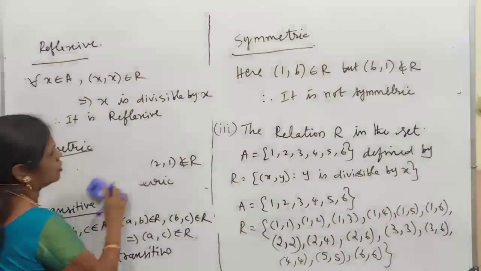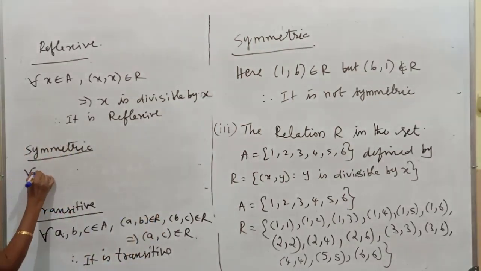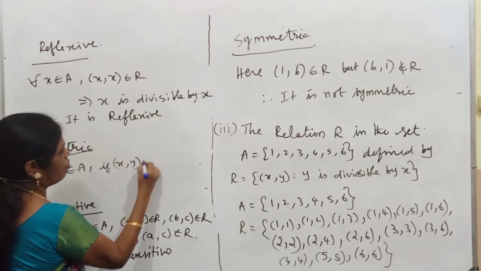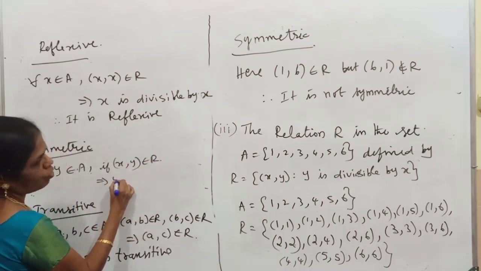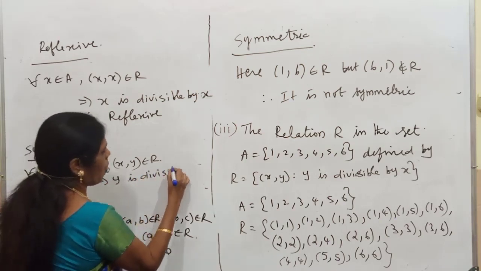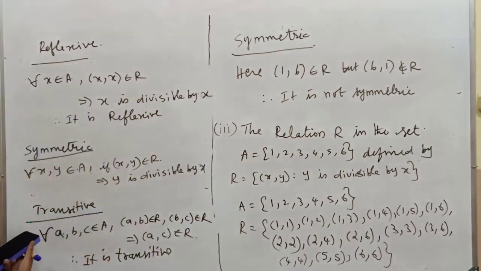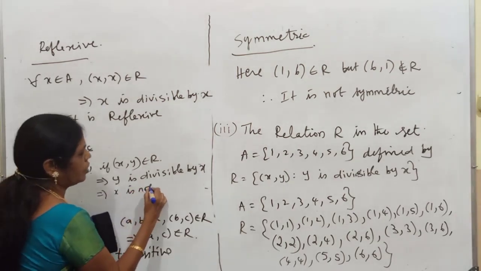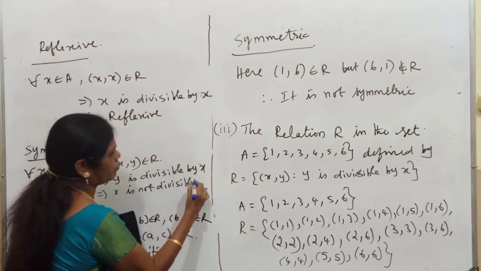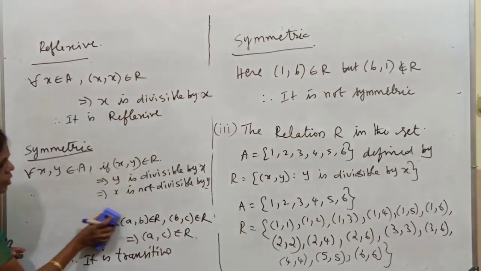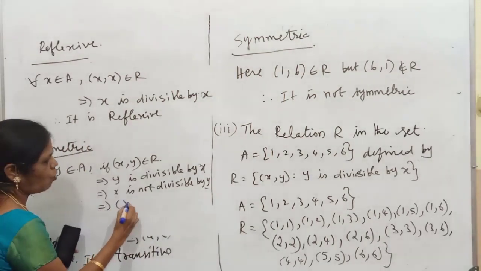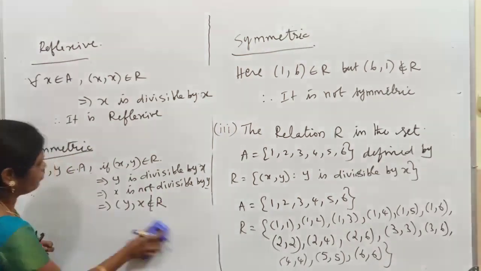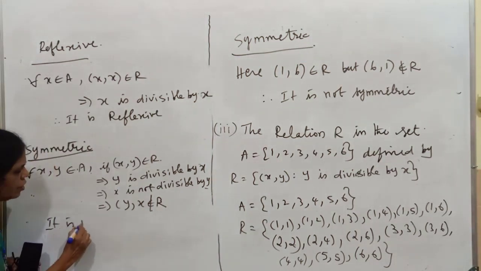Symmetric, in general form: for all (x,y) belonging to the set A, (x,y) belongs to R implies y is divisible by x, which implies that x is not divisible by y, which implies (y,x) does not belong to R. Therefore, it is not symmetric.